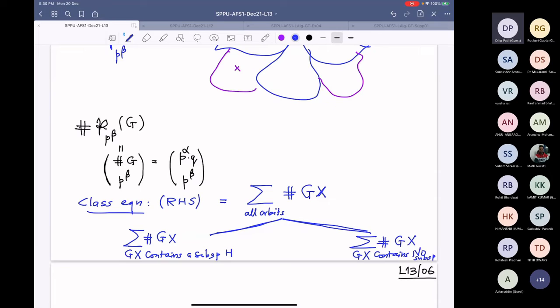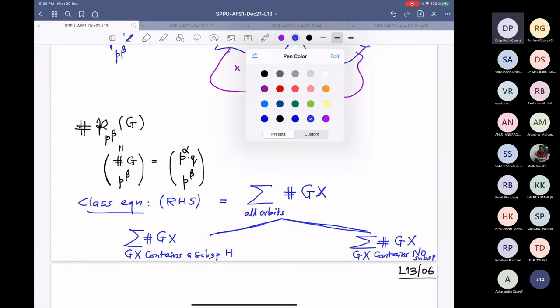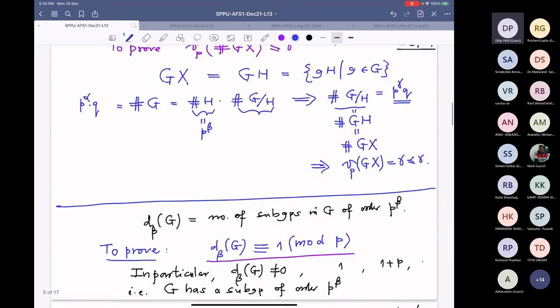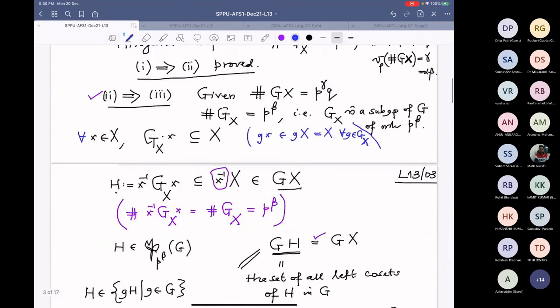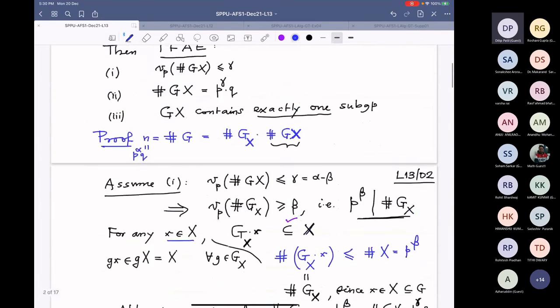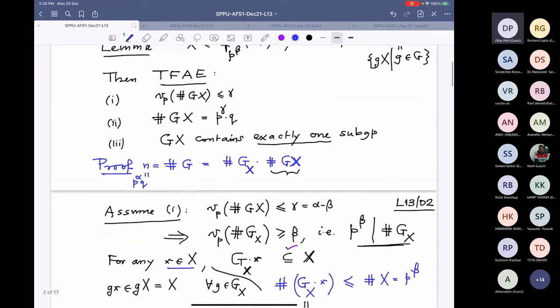Now can you tell me what we have proved? If it contains a subgroup, only one subgroup will be there, that we have noticed, and then I can say something about the cardinality of that orbit. That is precisely what the lemma says.